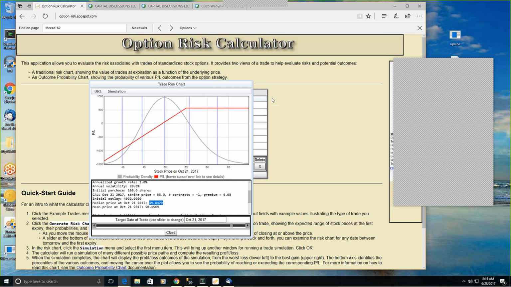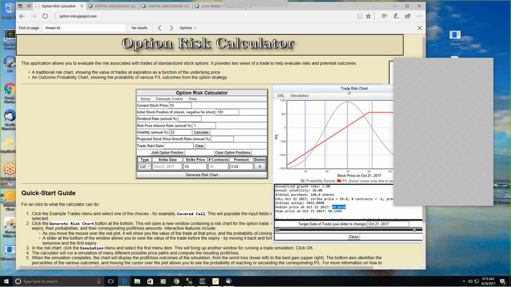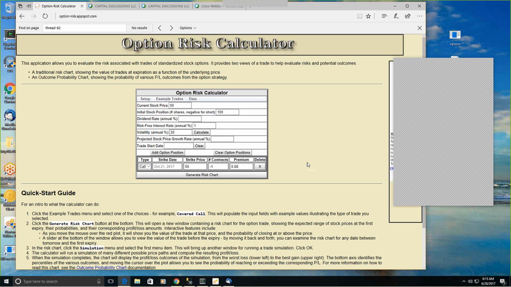So going back and looking at how we set up the problem, what are we assuming for the growth rate of the stock price? Well, what are we assuming for the skew?